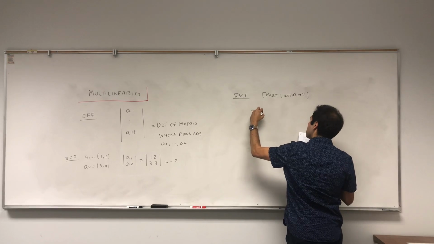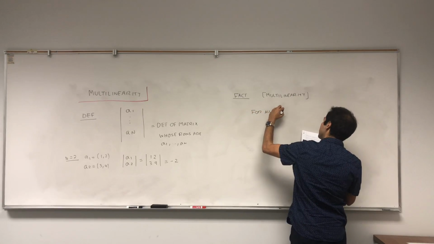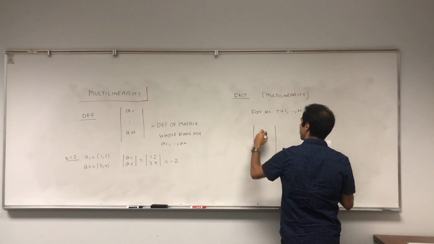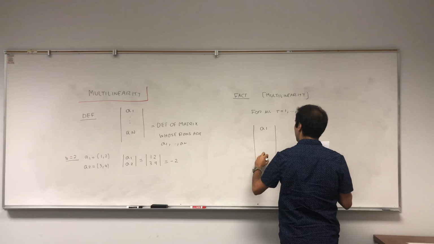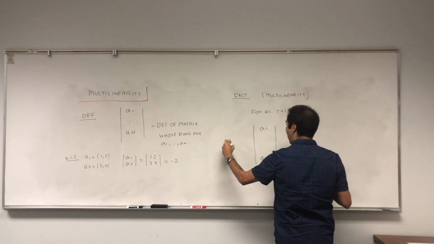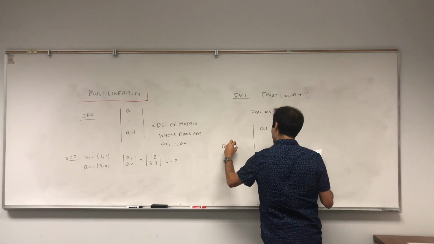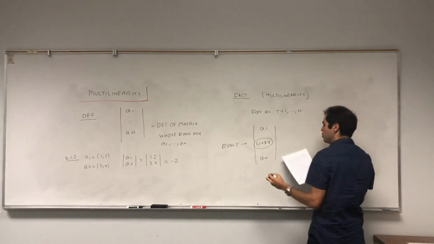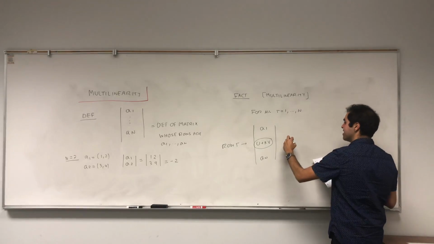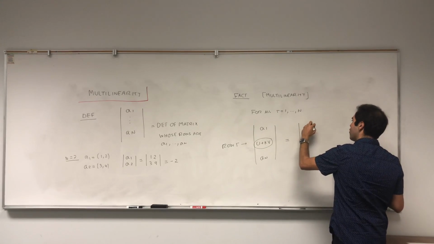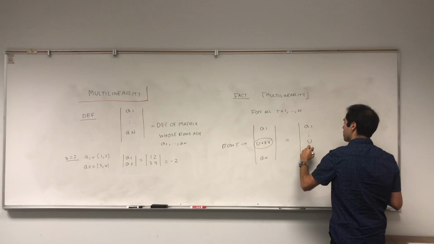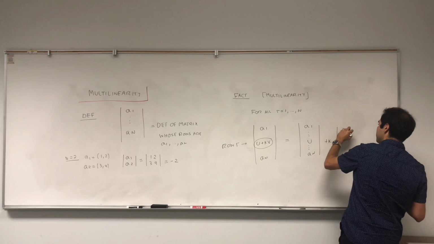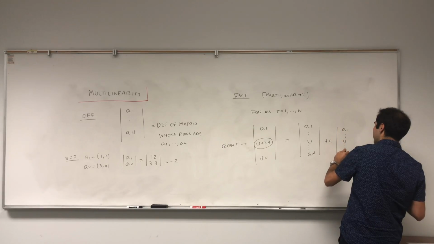Namely, for all r equals 1 up to n, if you take the determinant of the matrix with A1 up to AN, but the rth row is of the form u plus kv, where u and v are vectors and k is a constant, then it's the determinant of A1 up to u up to AN, plus k times the determinant of A1 up to v up to AN.